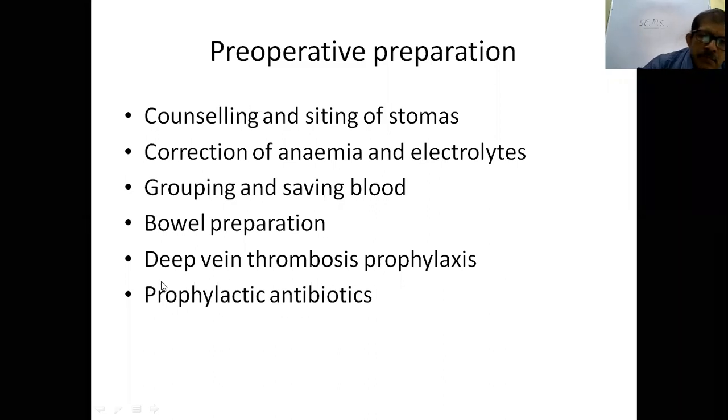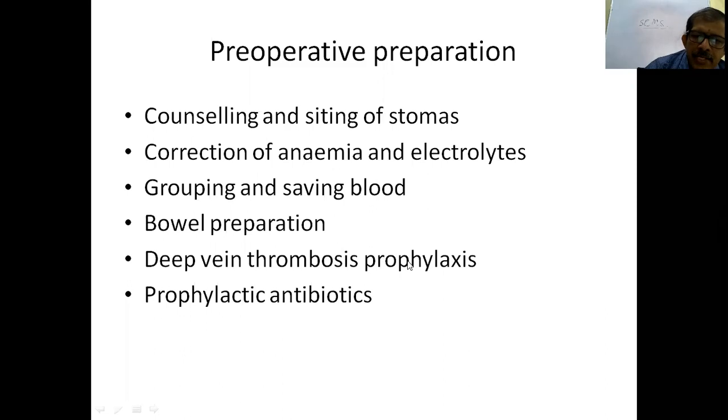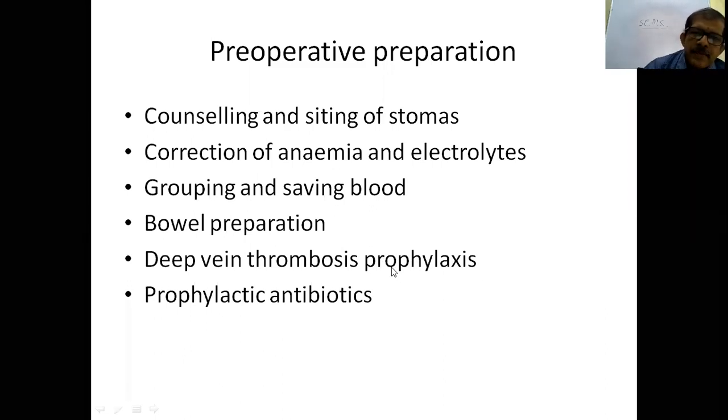Because this is a surgery of some duration, the patient should be protected from deep vein thrombosis by giving prophylaxis of low molecular weight heparins.